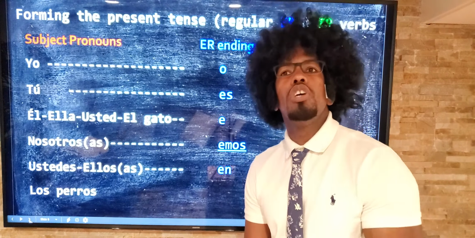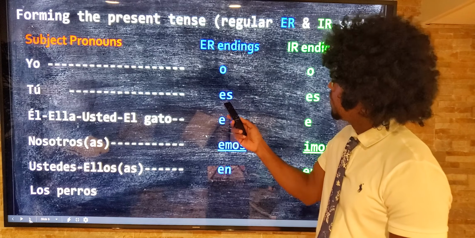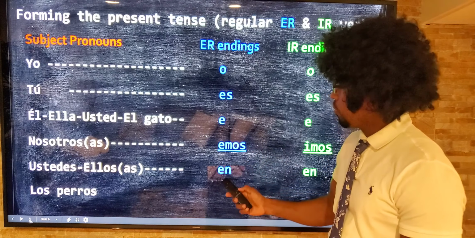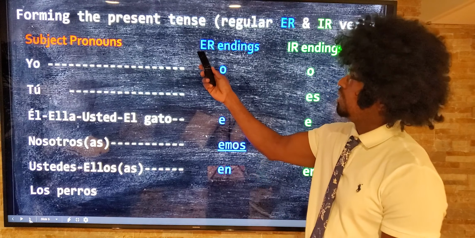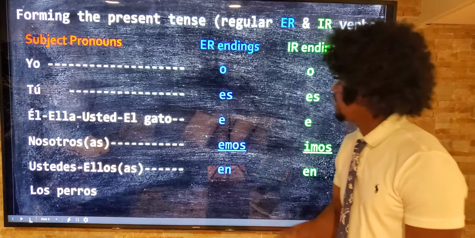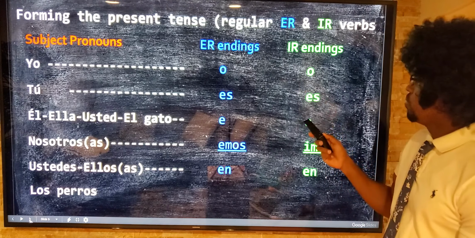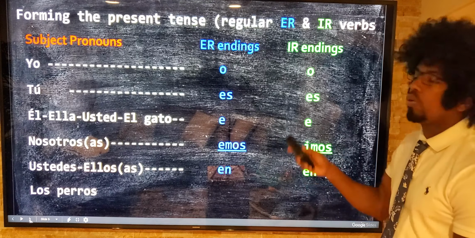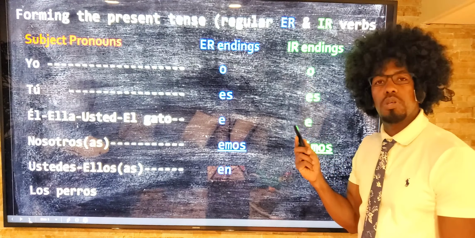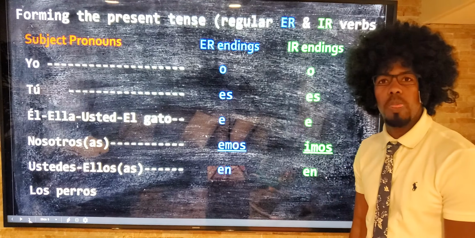So for ERs, these are gonna be my new endings: o, es, e, emos, en, when the verbs end in ER. And then I have o, es, e, imos, en with those verbs that end in IR.